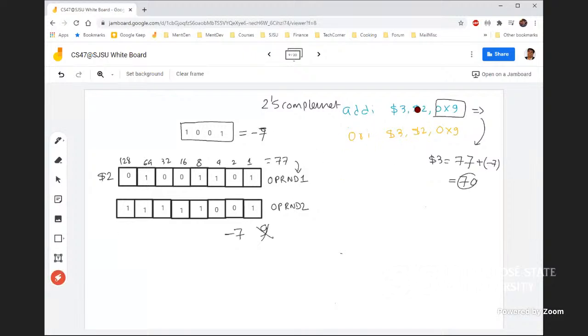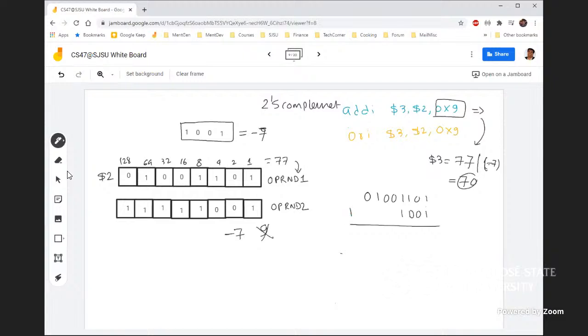Now let's try the OR I operation, which is the same thing. Instead of an addition, we are doing a bitwise OR between these two bit patterns. Our expectation would be 0, 1, 0, 0, 1, 1, 0, 1 as operand 1, and operand 2 was given as 1, 0, 0, 1, and we OR it.